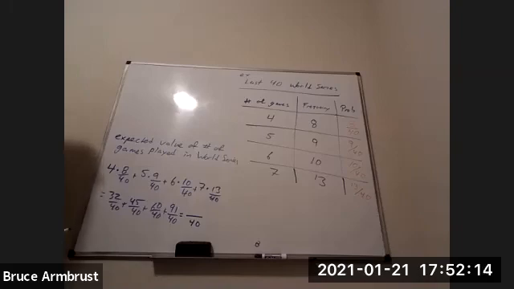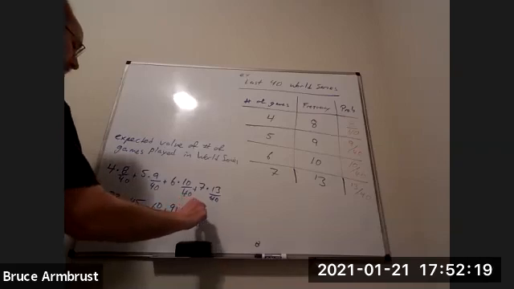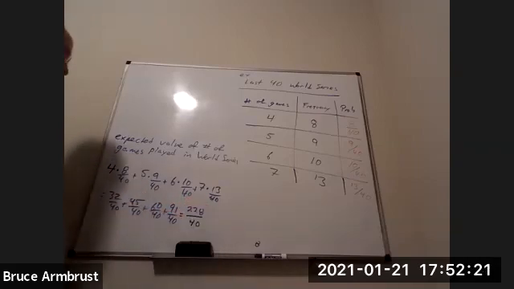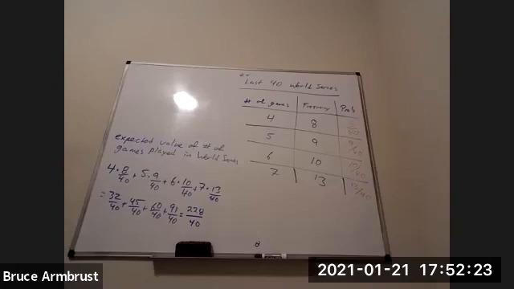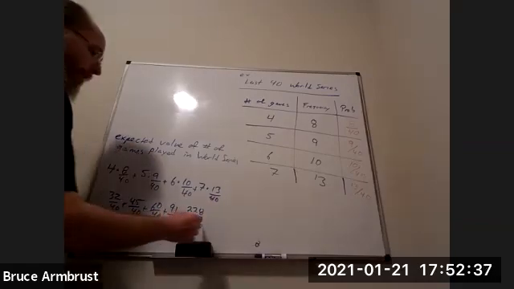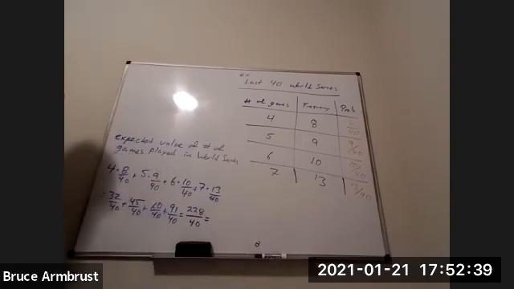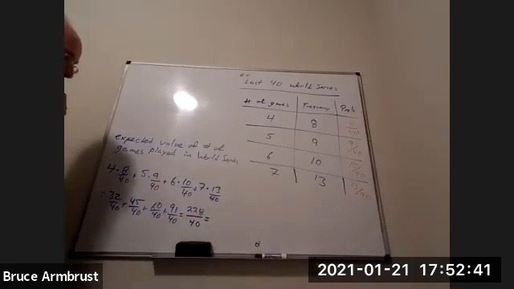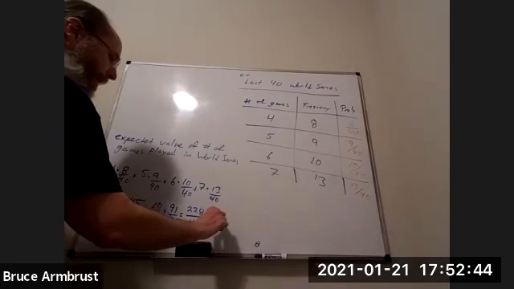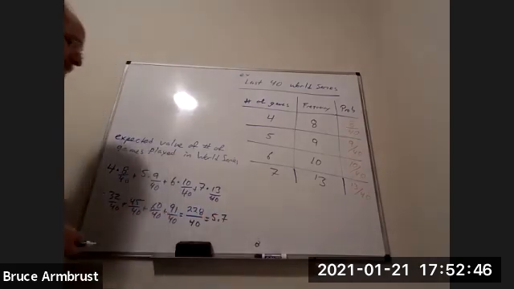If I add them all together, I get 228 out of 40. But let's go ahead and get a decimal for that. If I take 228 and divide it by 40, I get 5.7.